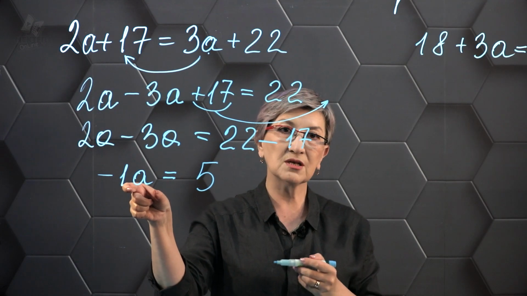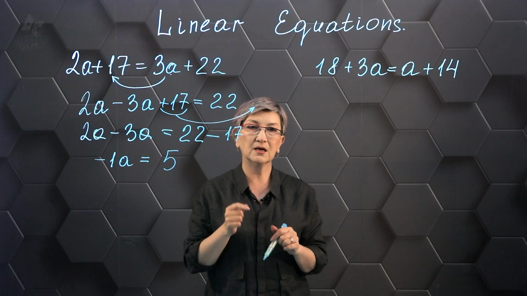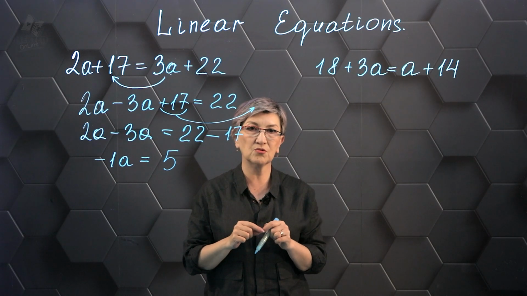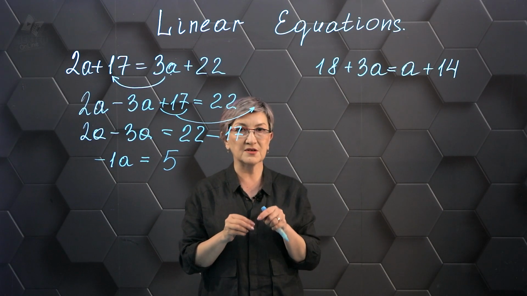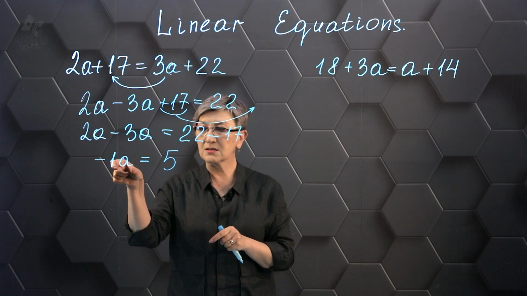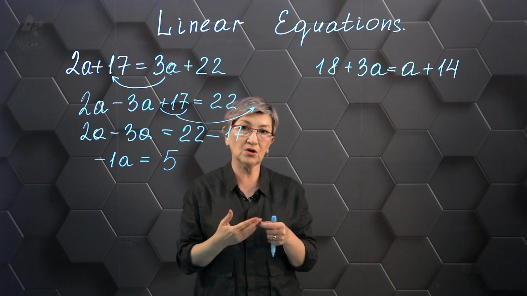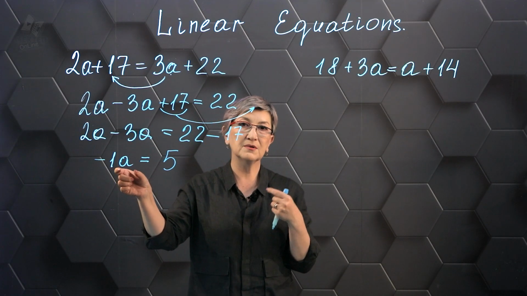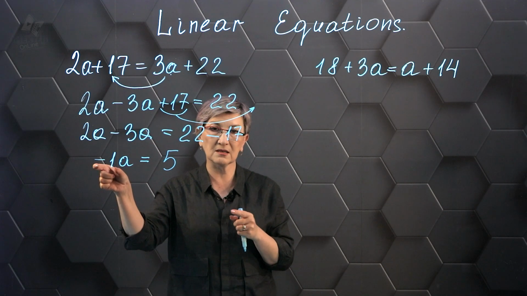Now I need to find the root of the equation. What is the value of a equal to? Recall another rule we use when solving equations. We always divide by the quotient, that's written with the letter a. We know that the quotient is the number that is written next to the variable, and the number minus 1 is written with the variable.